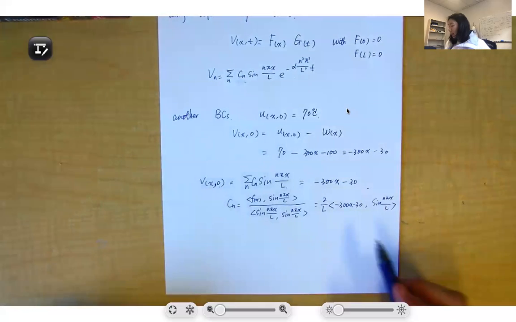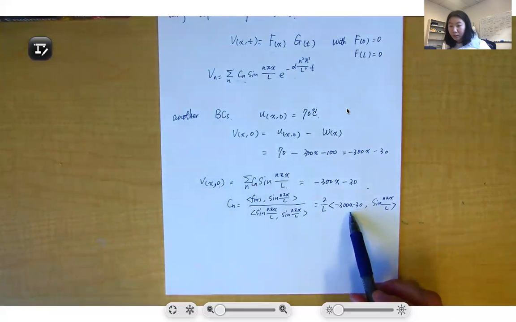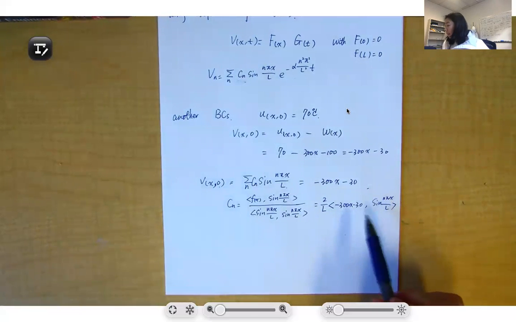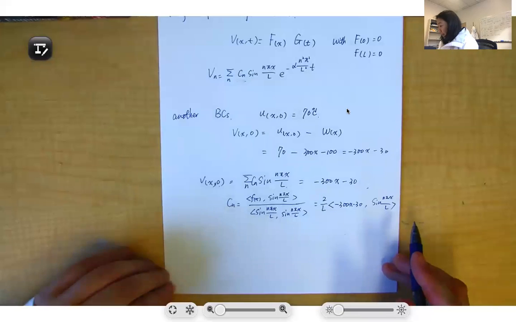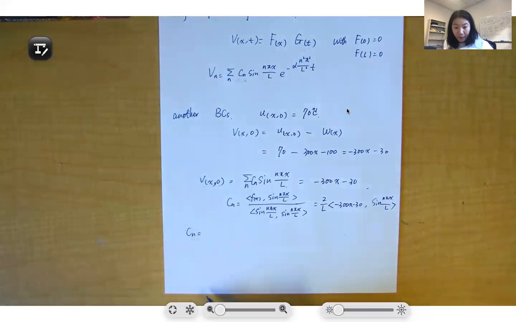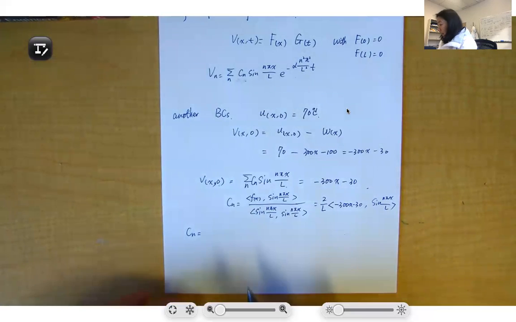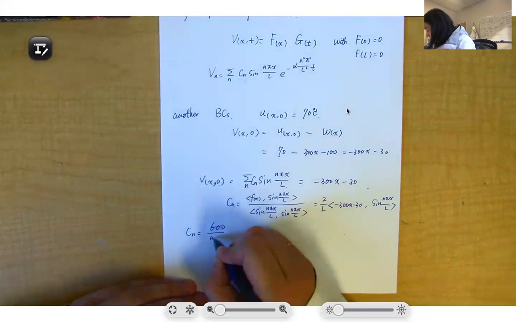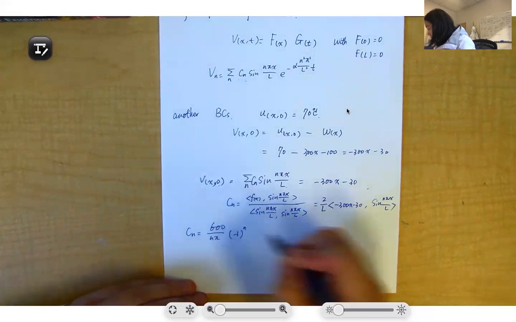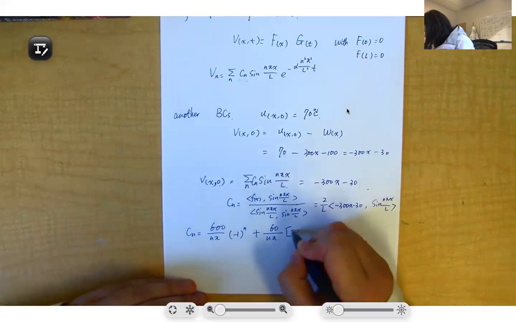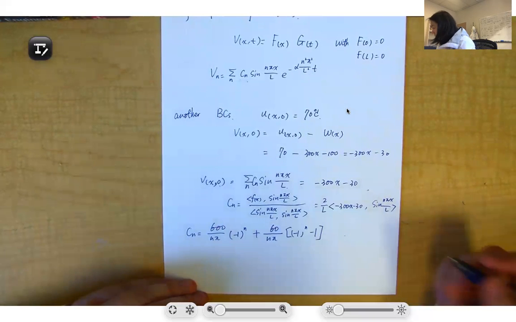You just need to integrate from 0 to L the product of these two functions over dx. You can see more detail of the math in the printed out version of the PDE part. The Cn in the end will be equal to 600 over n pi times minus 1 to the nth power plus 60 divided by n pi times minus 1 to the nth power minus 1.